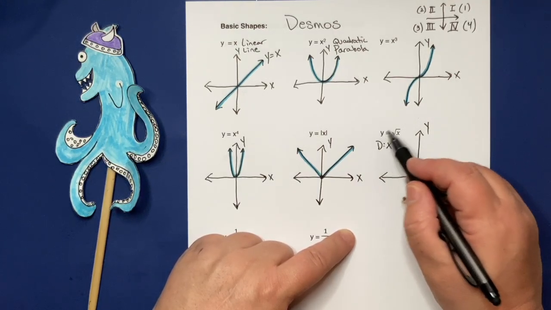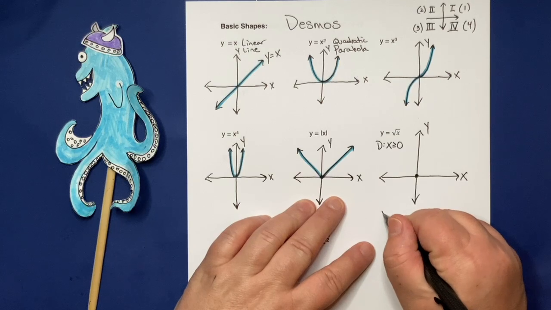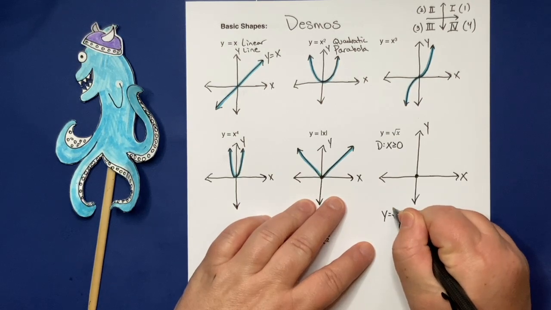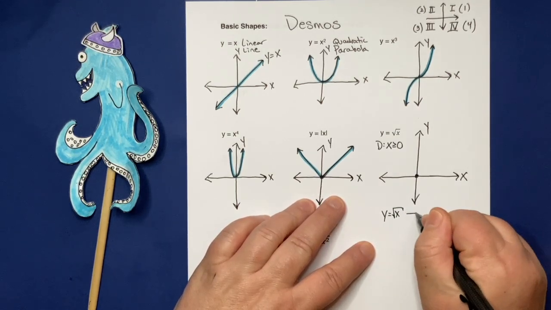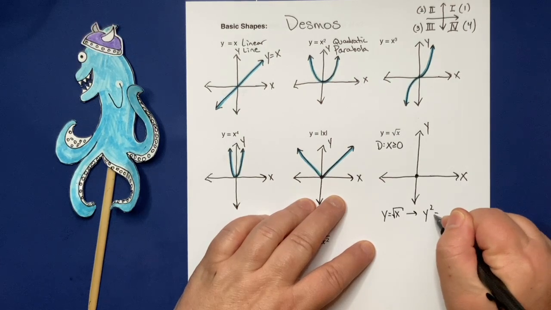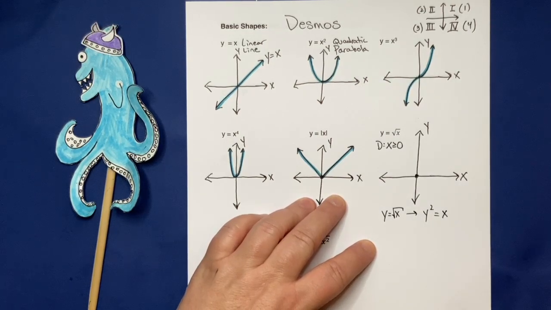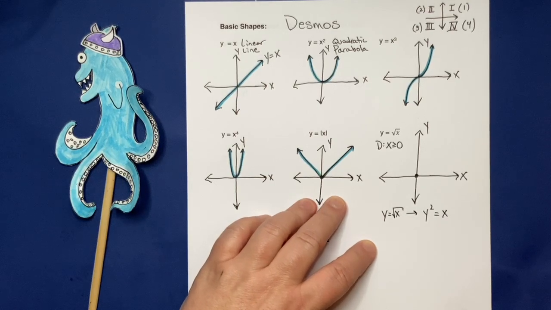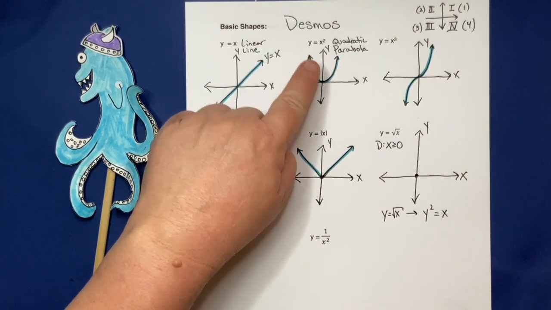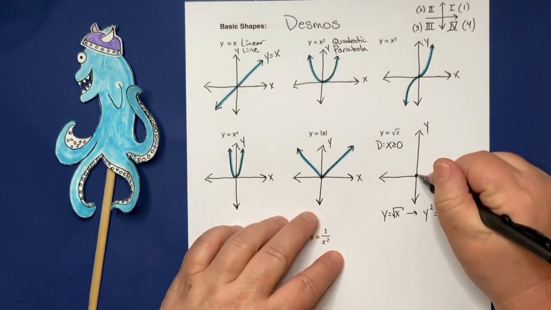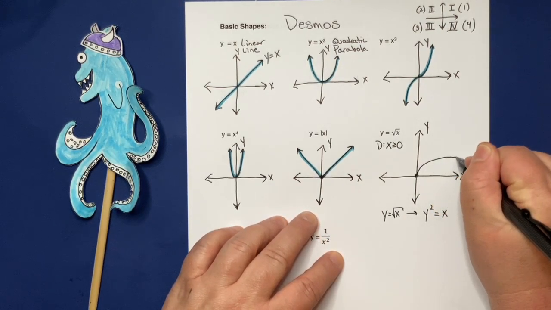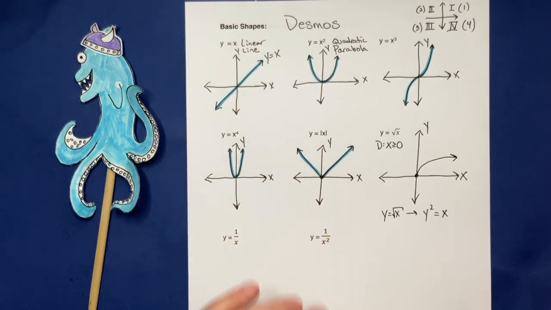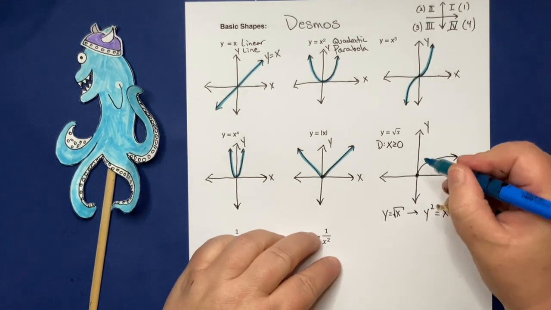Now, the interesting thing is when y equals radical x, that means that y squared equals x. Right? If you square both sides, that's a parabola, but that's a parabola with x and y reversed. So the graph ends up looking like this. It looks like half a parabola just heading up.